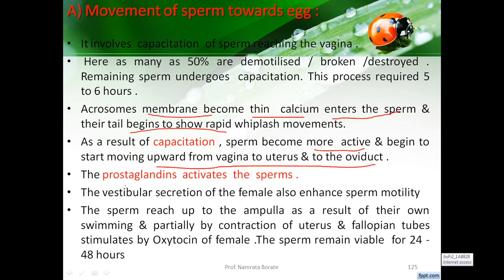Prostaglandin also activates the sperms. The vestibular secretion of the female also enhances sperm motility. The sperm reach the ampulla as a result of their own swimming and partially by the contraction of the uterus and the fallopian tube. This sperm is viable for about 24 to 48 hours.